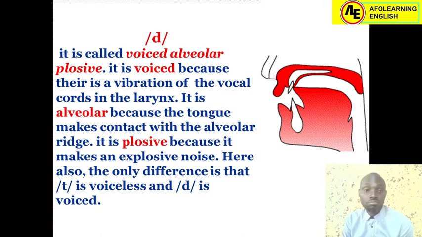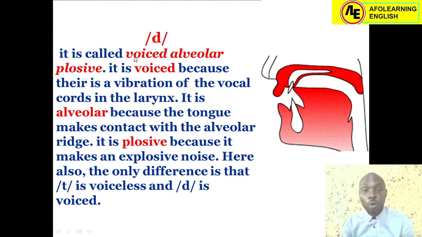Now, this one is also an alveolar plosive sound, but it's a voiced alveolar plosive. Don't forget the one we just treated is the voiceless alveolar plosive, while this one is the voiced alveolar plosive.